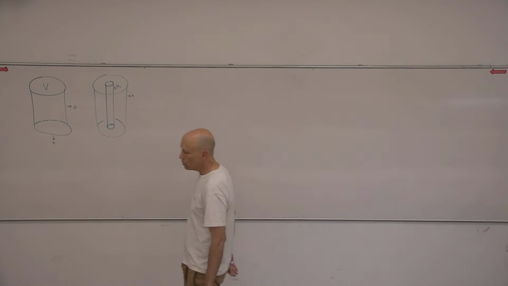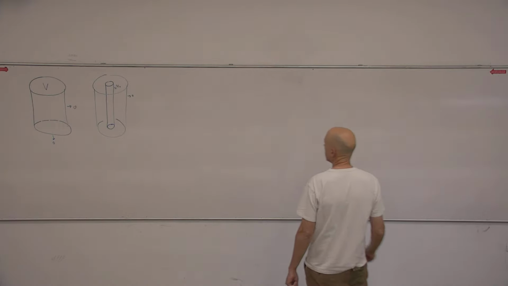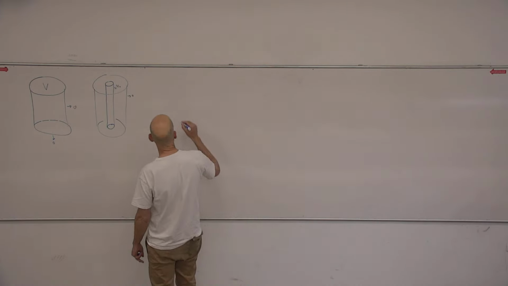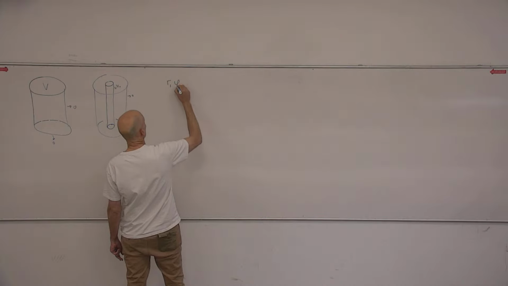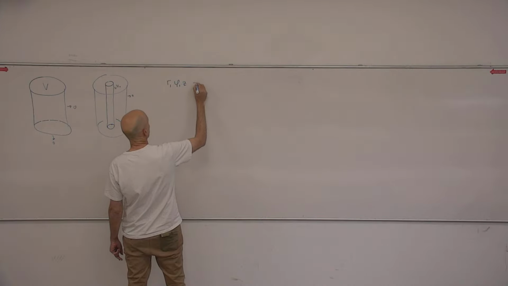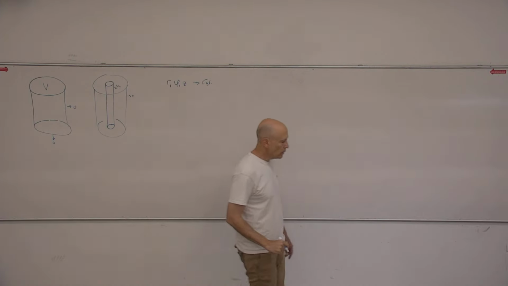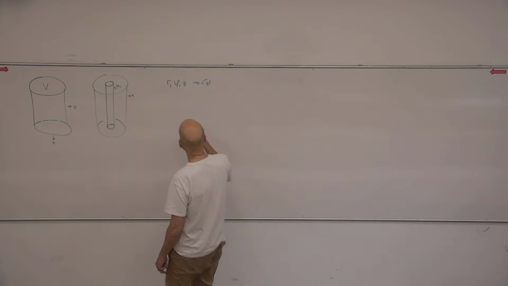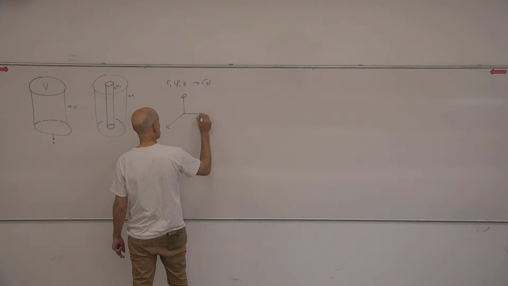Okay, so we need to use cylindrical coordinates. This is just by symmetry, and let us remind ourselves what these are. In cylindrical coordinates we have three coordinates which are r, phi, and z. Instead of the usual Cartesian coordinates x, y, z.